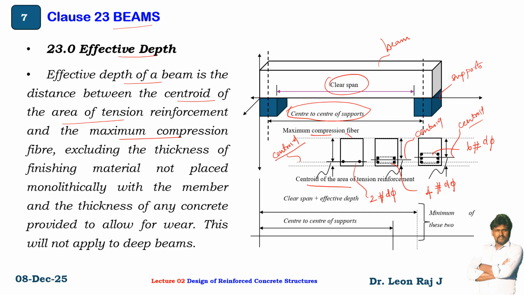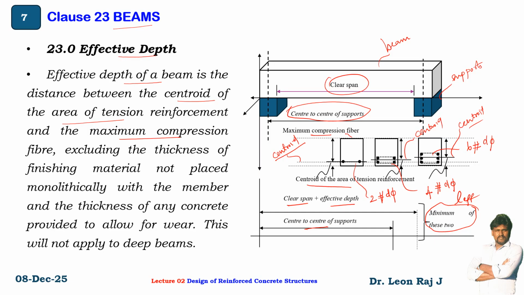That is given here: clear span plus effective depth, or center to center of supports. Whichever is minimum of these two shall be taken as L effective, that is effective length. When there is a moment, effective length is very crucial for deciding the bending moment, for design and everything.